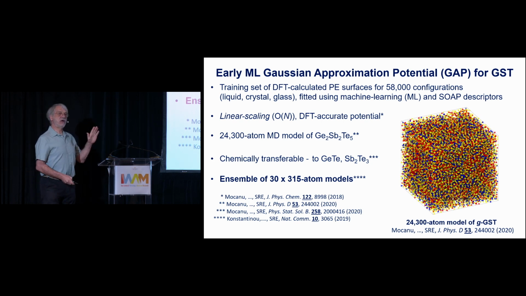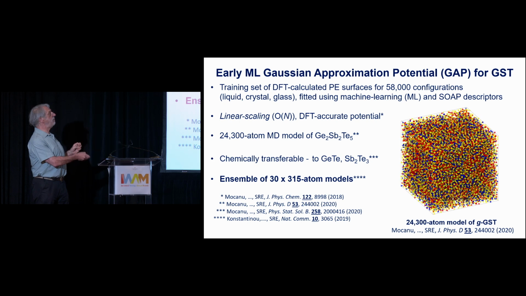Another advantage of this very fast potential is that you can make either a really big model in a reasonable length of time, or you can make lots of smaller models in a very short time. So you might say, why do I want to make an ensemble of 30 models, each of sort of DFT size, 315 atoms, when you can make something as big as this?